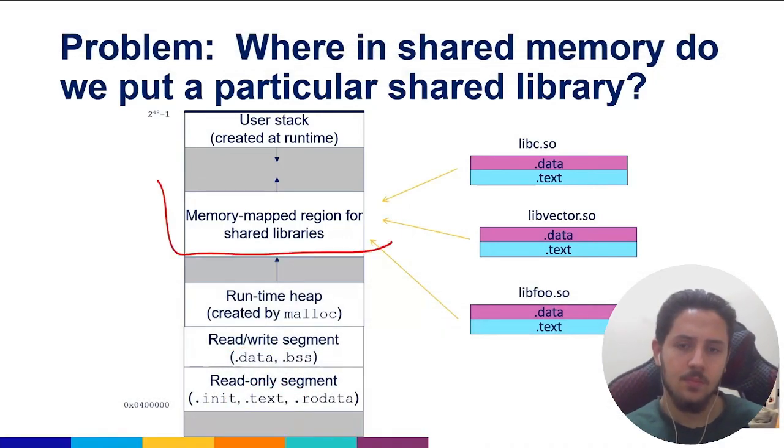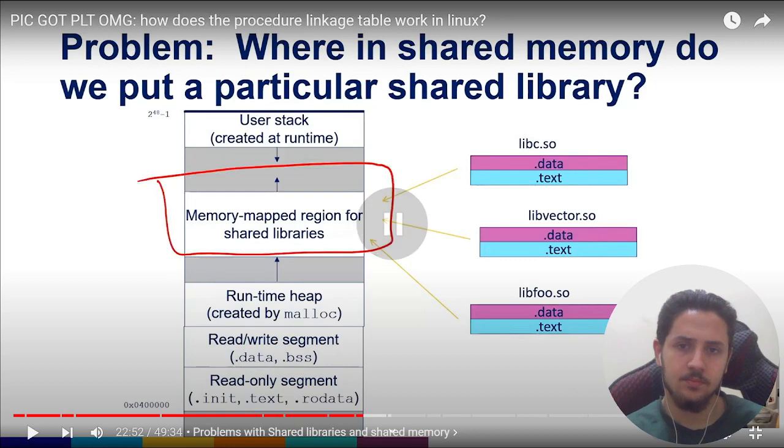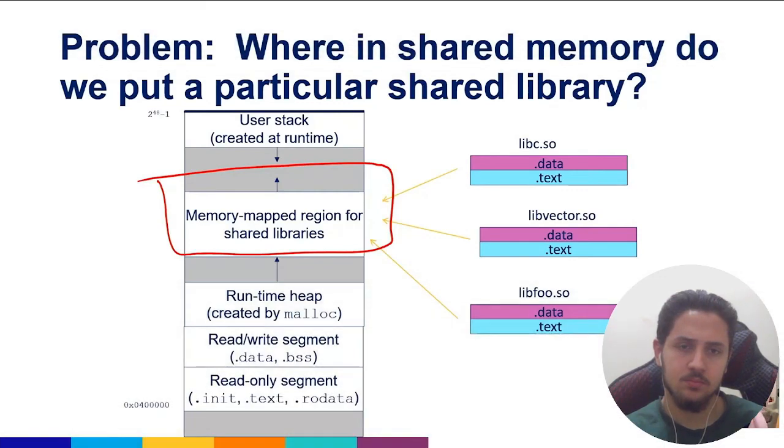When we're loading things into this memory mapped region, we're doing pretty good. We've got a place in memory where it's like, this is where our shared libraries will go.